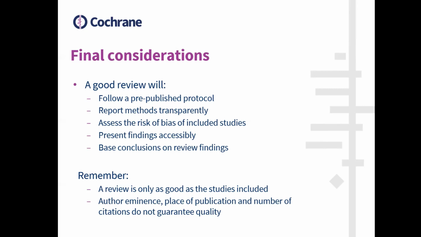It'll assess the risk of bias of included studies, present the findings accessibly and base conclusions on the review findings. So presenting the findings accessibly is one of the most important things with network meta-analysis, as I think I've said a few times now, just because of the amount of data that it often generates.